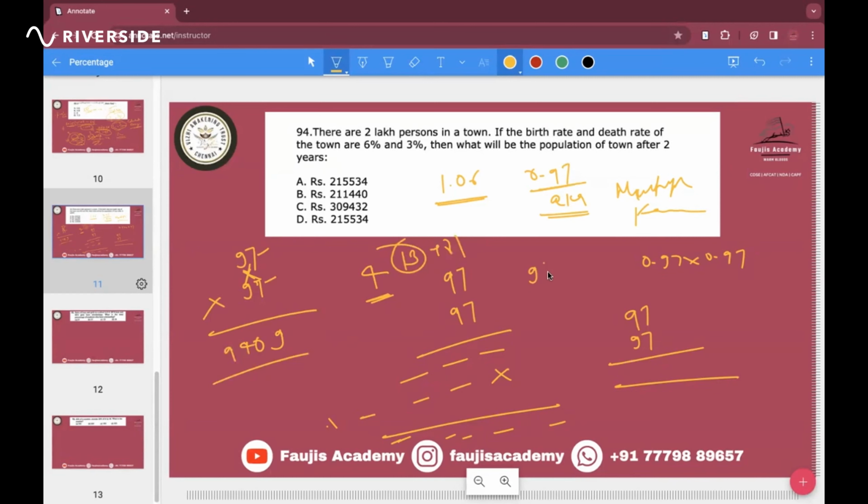Please verify on your calculator. 9409. Have I calculated it right or wrong? I want you guys to verify my answer, guys.